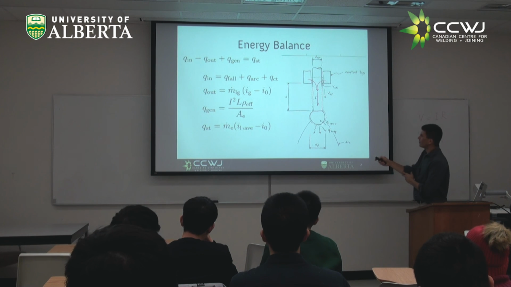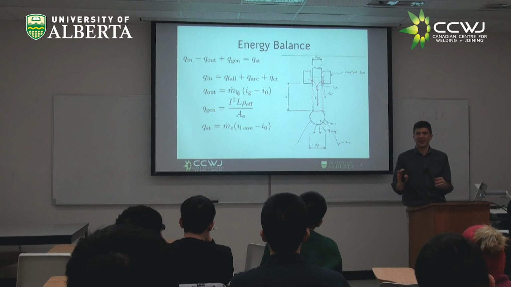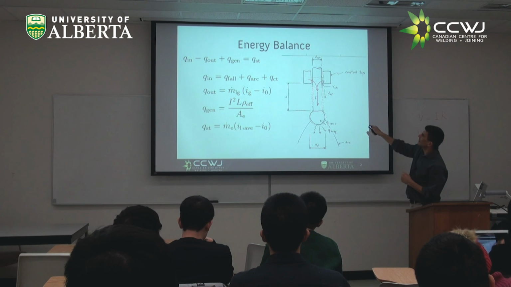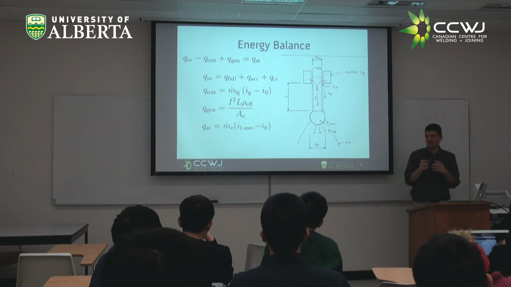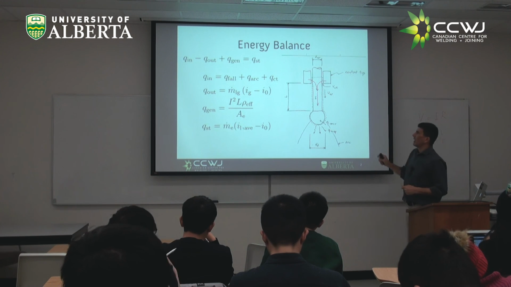That's why I put fall. Could be anode, could be cathode, whatever it is on the surface. Then there's energy coming from the arc, which I already told you is close to 0, but I'm just writing the things properly. Plus the heat that comes from the contact tip, the contact resistance. That's the heat coming in.